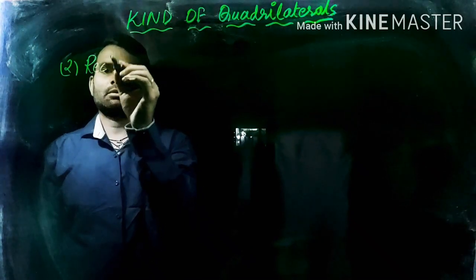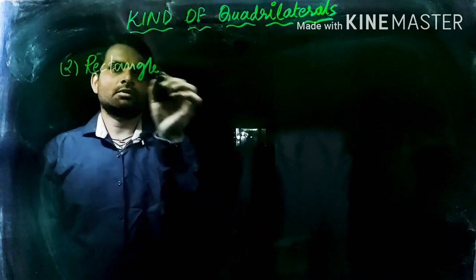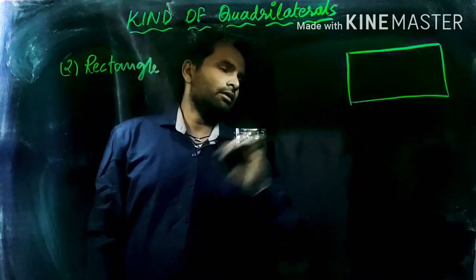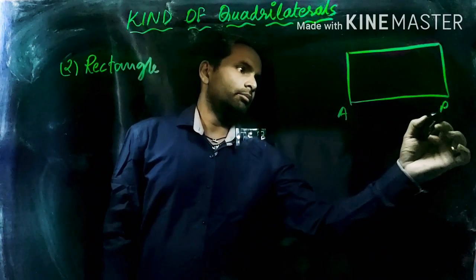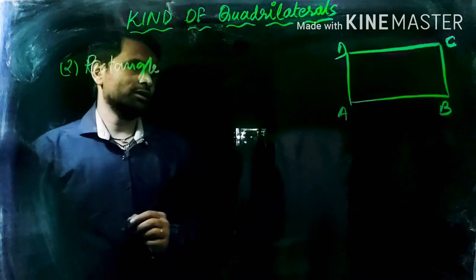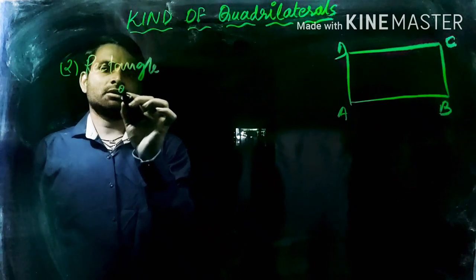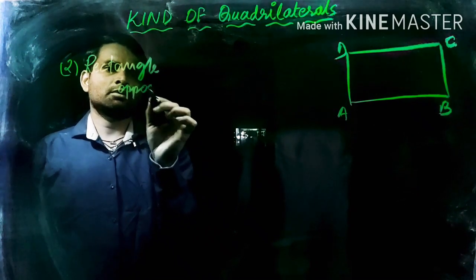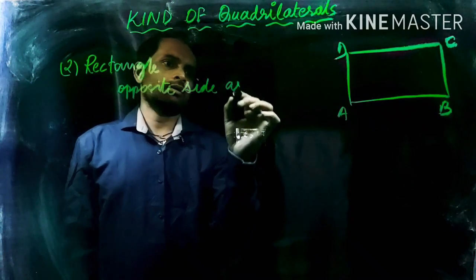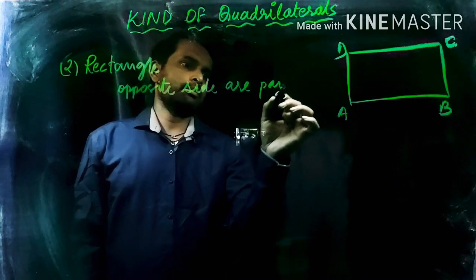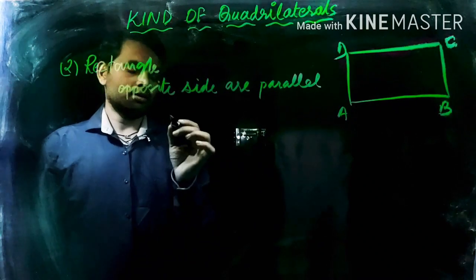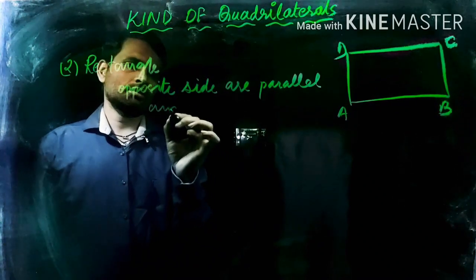The rectangle shape is this type of quadrilateral, ABCD. The property of a rectangle is that opposite sides are parallel and equal.